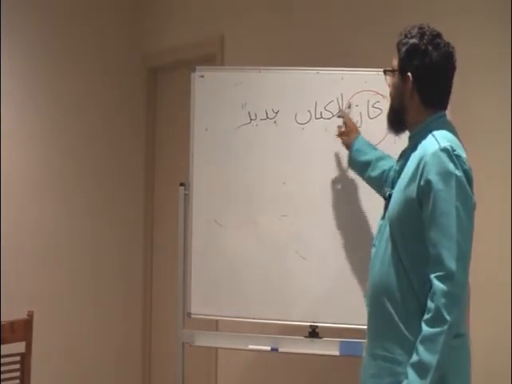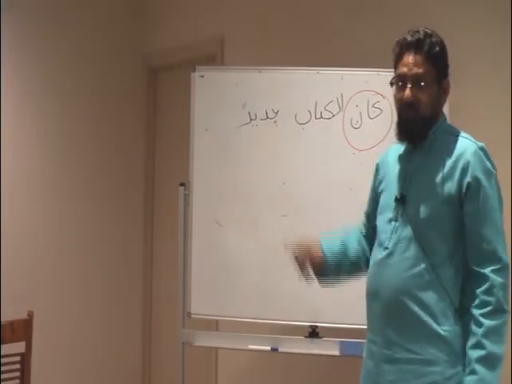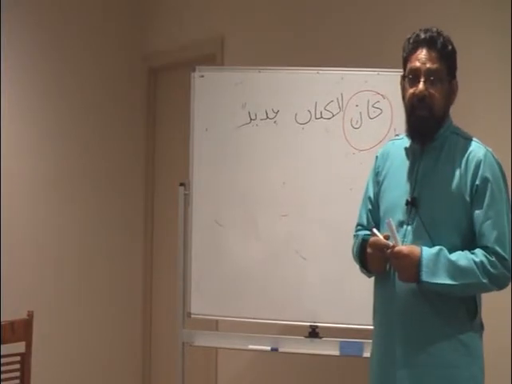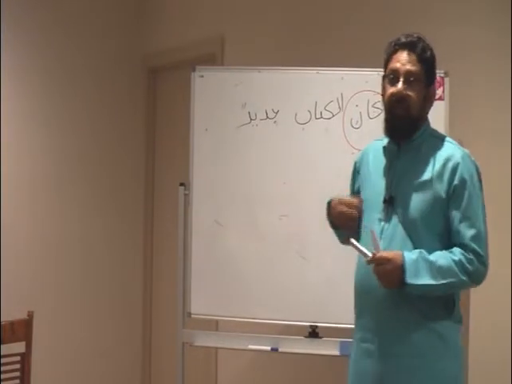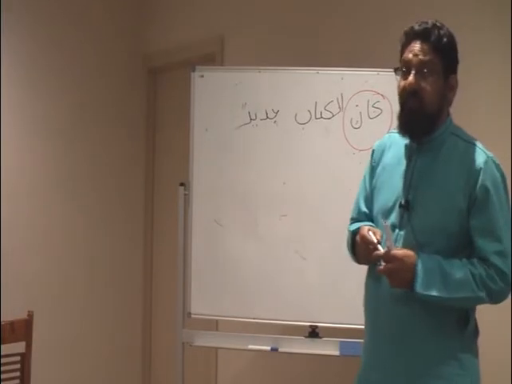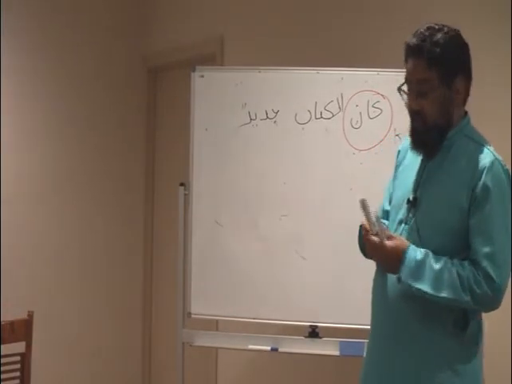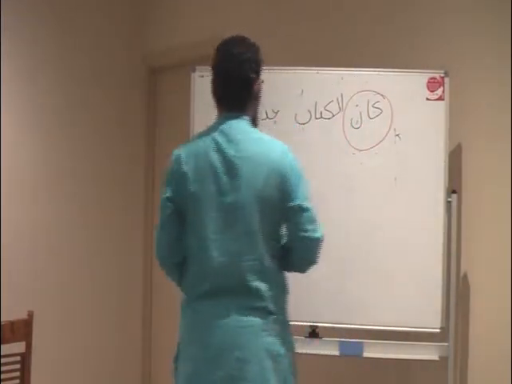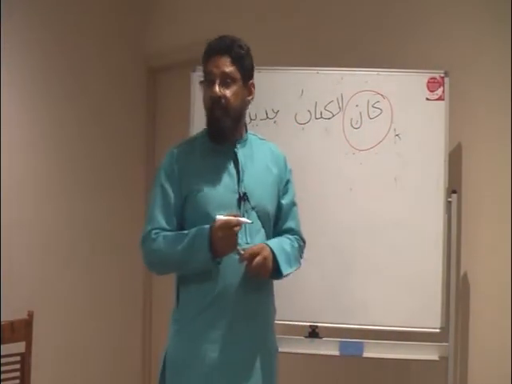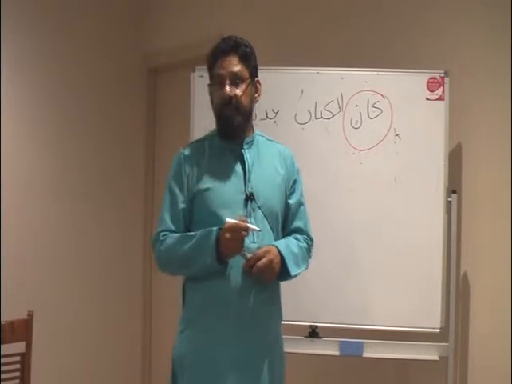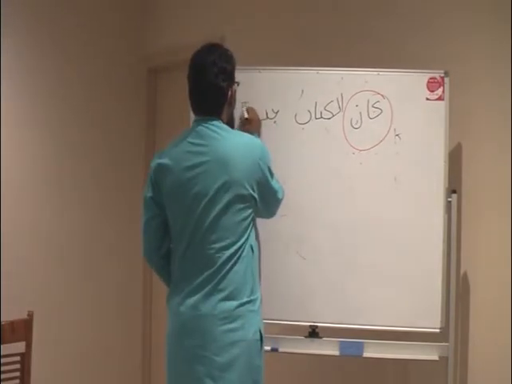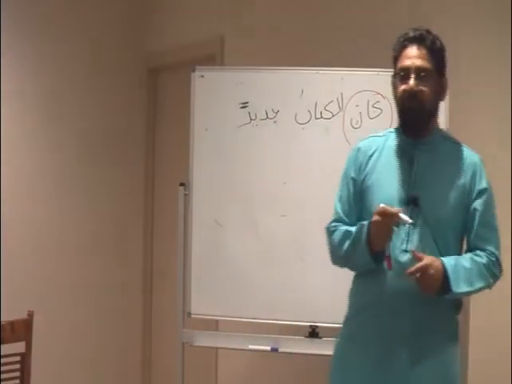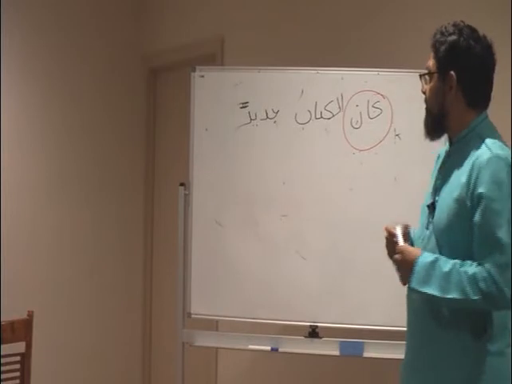Putting the kana makes kana kitabu jadid, means the book was new. But what happens with this kana is that it affects the case endings, the grammatical state. So when kana is added, al-kitabu stays the same, but the jadidun, the khabar, goes to nasab. So it becomes jadidan because of the introduction of kana. The book was new.